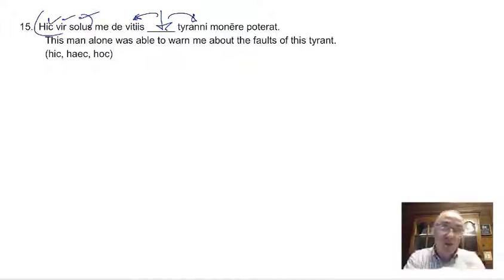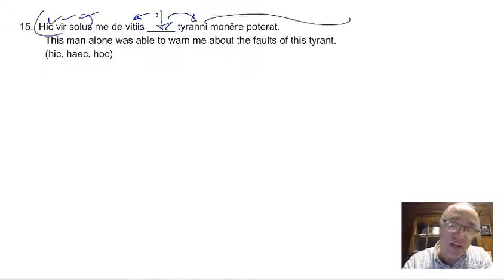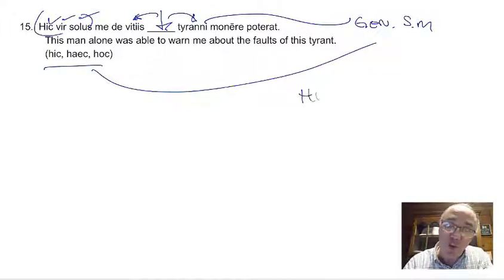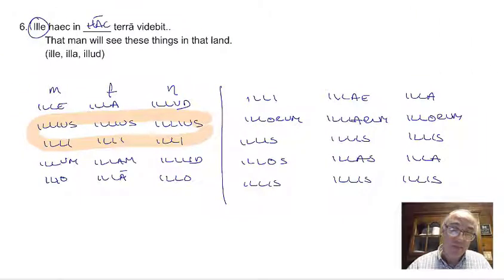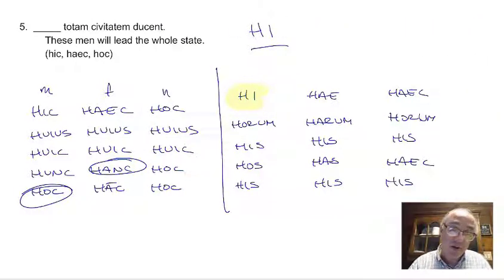Is it talking about vices or man, or tyrant in this case? Here it's talking about tyrant. And so tyrant is genitive, singular, masculine, and it's going to be huius. The genitive singular masculine form of hic, haec, hoc is huius. Huius, here it is right there.